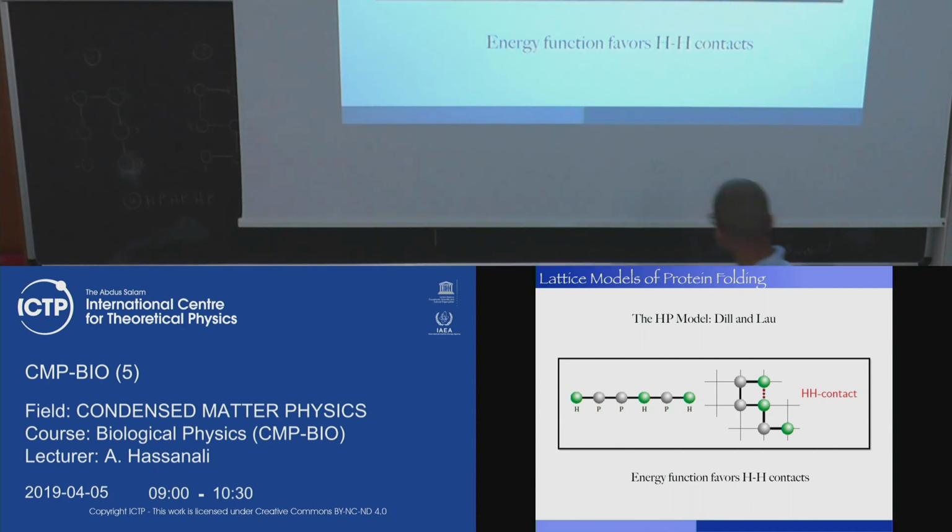Do you really need to go through all these atomistic or molecular details? The one that's been proposed in the 90s, and there have been several extensions to it, is something known as the HP model. The HP model was developed by these two guys, and the model goes like the following. We put sites on a lattice.